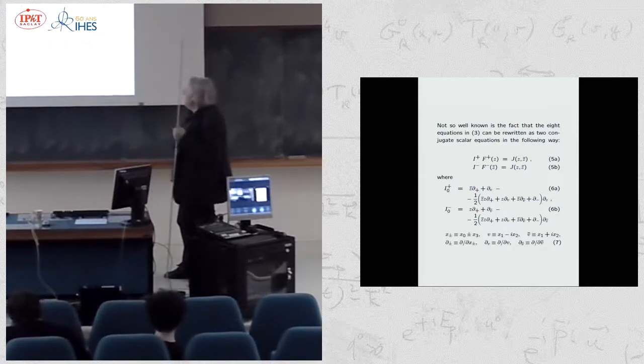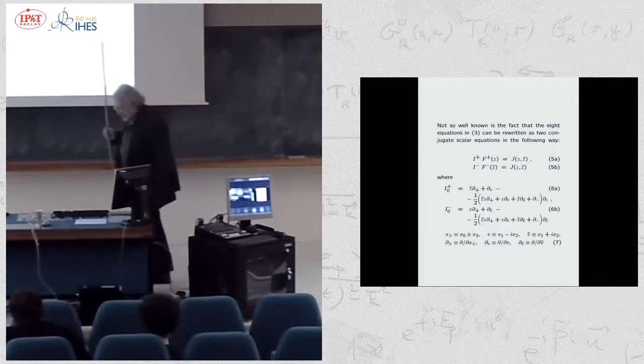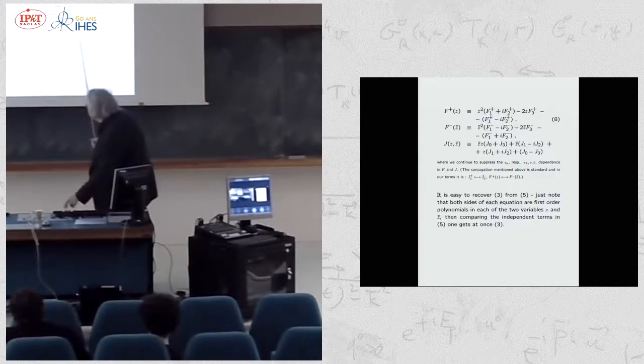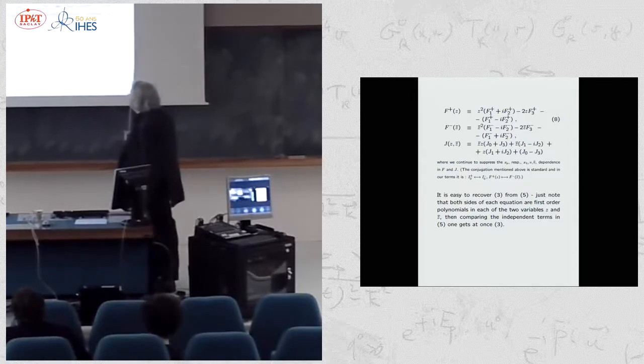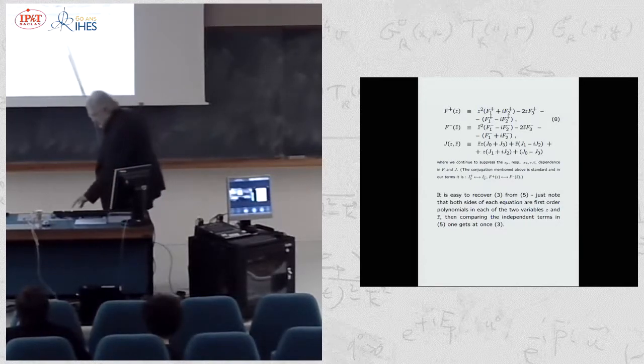As you see now, I have a lot of additional notation. I have the Minkowski variables combinations, which sometimes are used also by other people. And then the F plus and minus are these combinations which are given. Maybe 1 second.